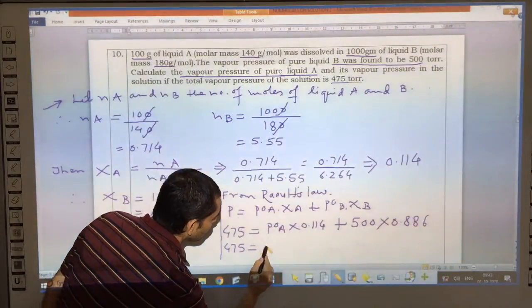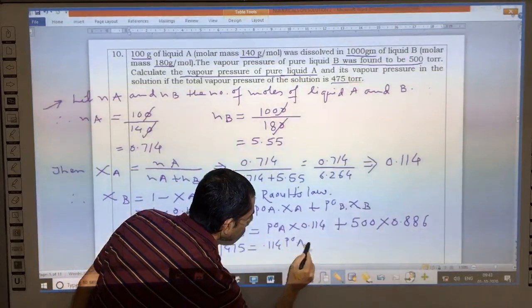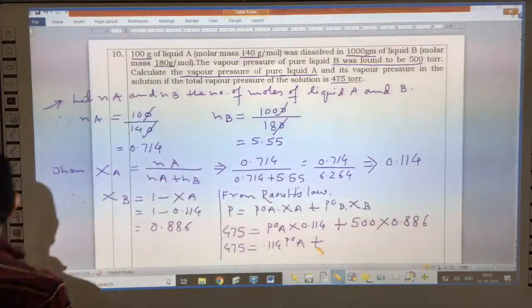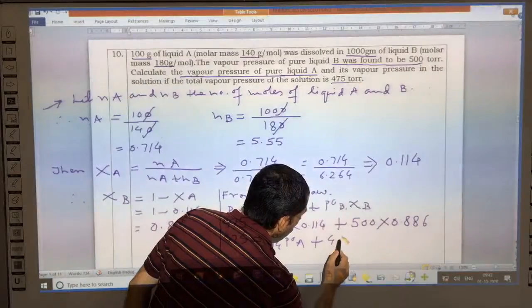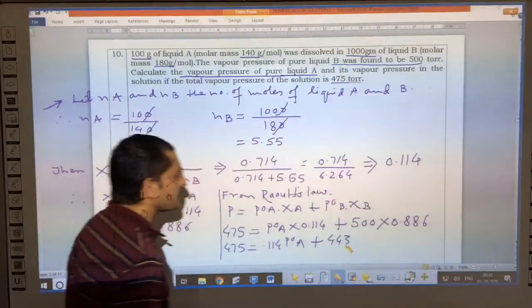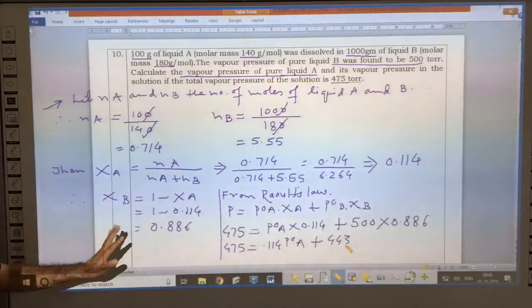475 is equal to 0.114 P naught A plus you multiply 500 by that value. Let us multiply it, and what is coming for 500 into 0.886? This is coming 443. So 475 is equal to 0.114 P naught A plus 443. Clear? Up till here there should be no problem.